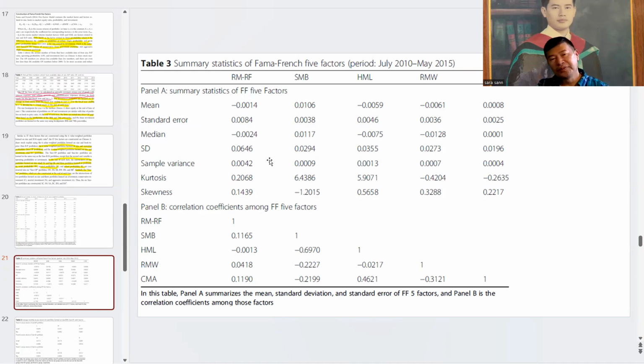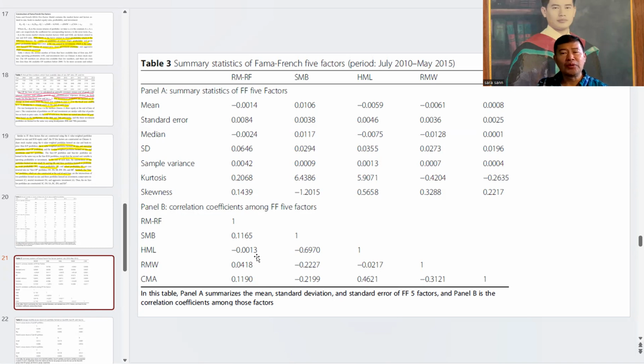Just want to tell you which factor has the greatest mean. That's it. Okay, Panel B, the correlation. The correlation over here, they also show the correlation between the independent variables themselves, between the 5 factors. What is the point of doing this?